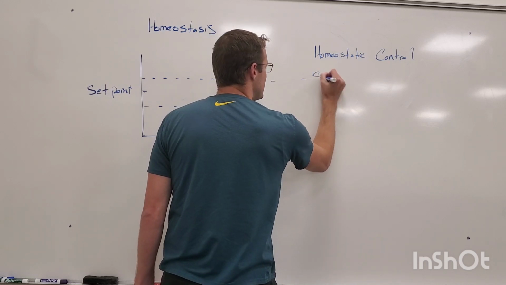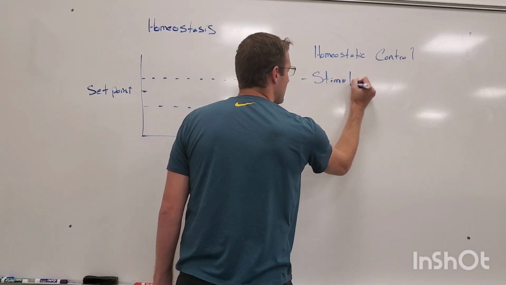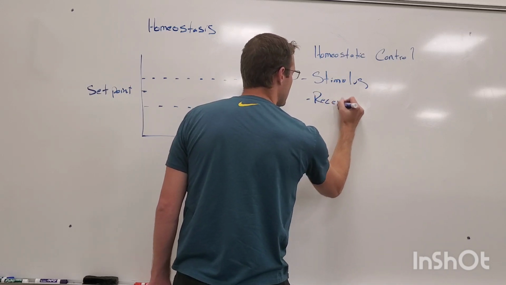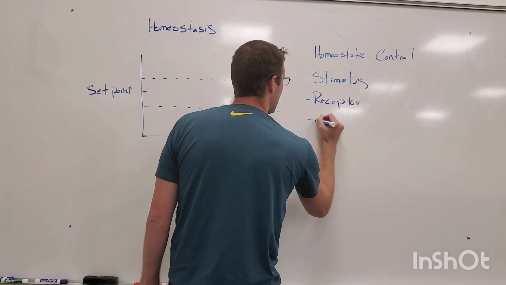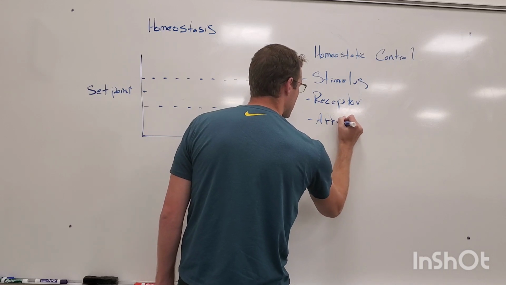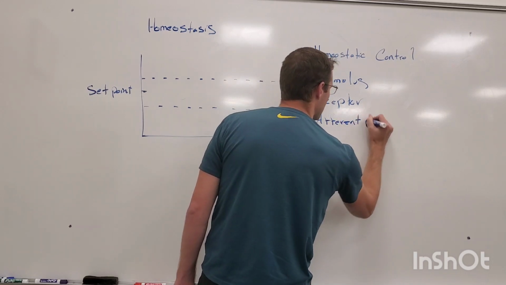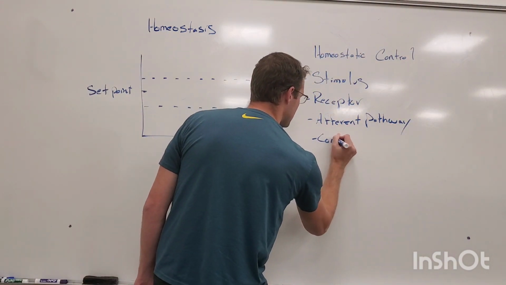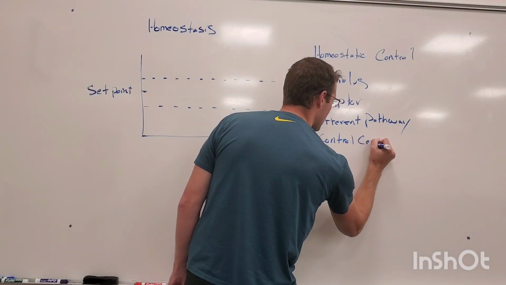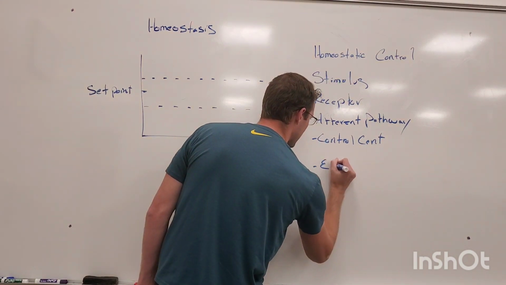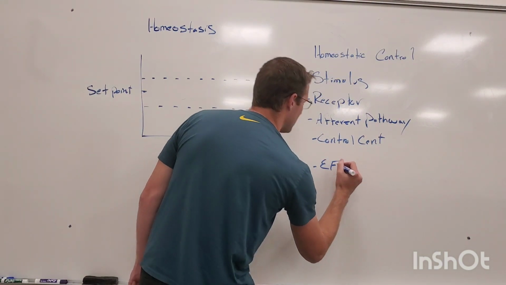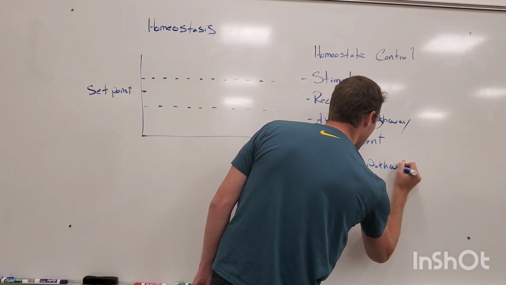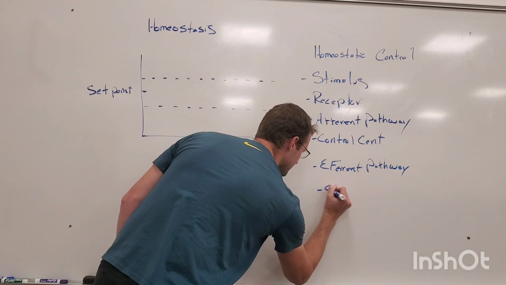And what we have is a stimulus, a receptor, an afferent pathway, a control center, an efferent pathway, and effectors.